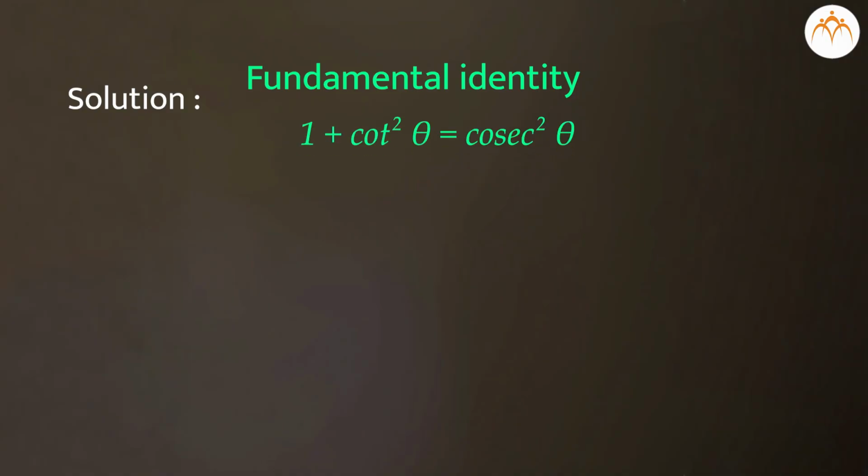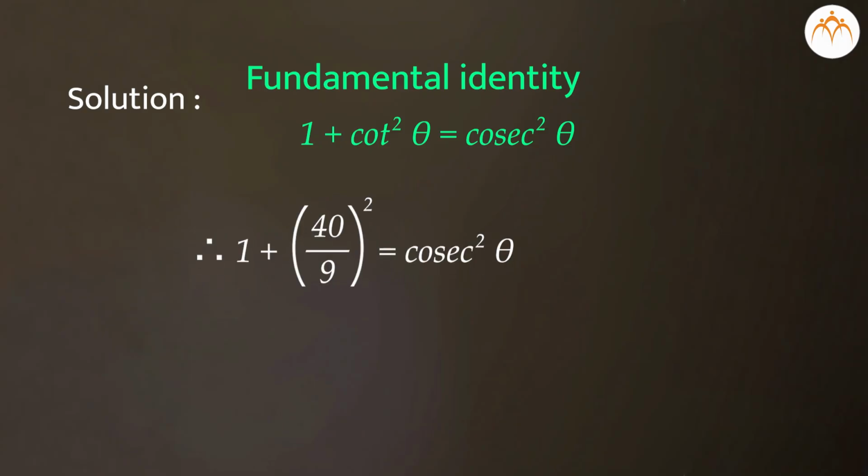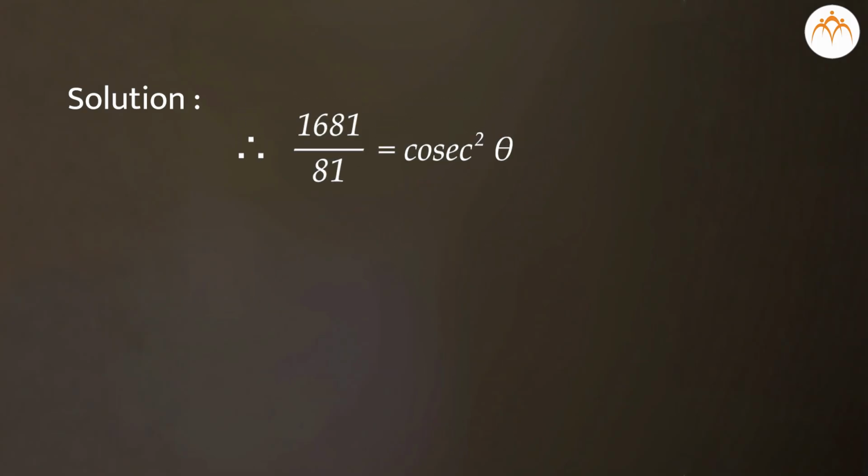Now, by the use of fundamental identity, 1 plus cot square theta is equal to cosec square theta. Therefore, 1 plus (40 upon 9) square is equal to cosec square theta. Therefore, 1 plus 1600 upon 81 is equal to cosec square theta. Therefore, 1681 upon 81 is equal to cosec square theta.